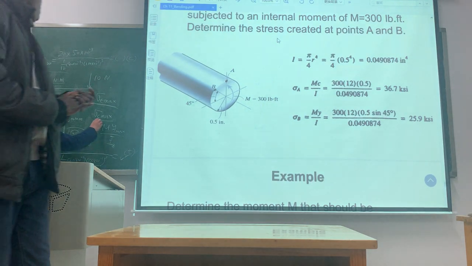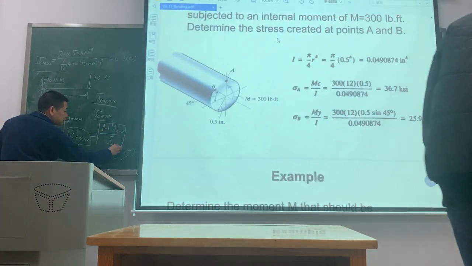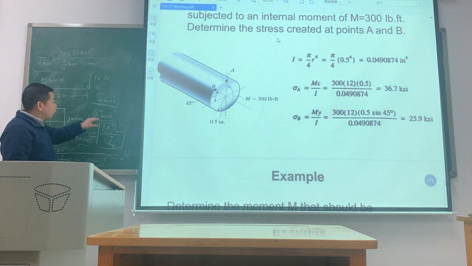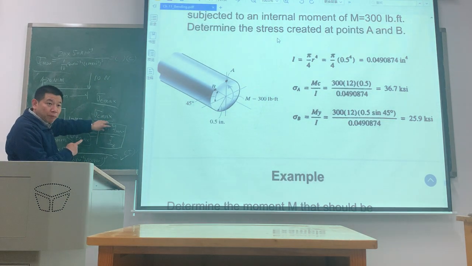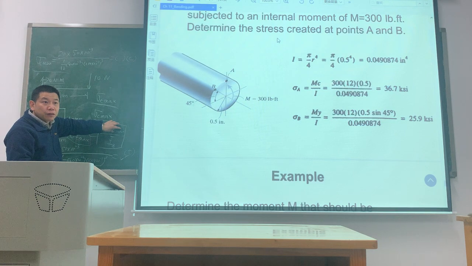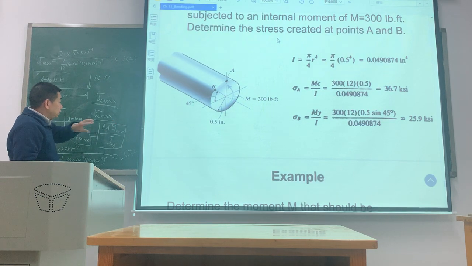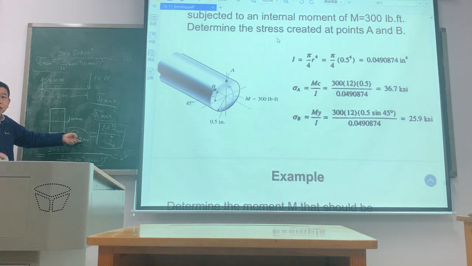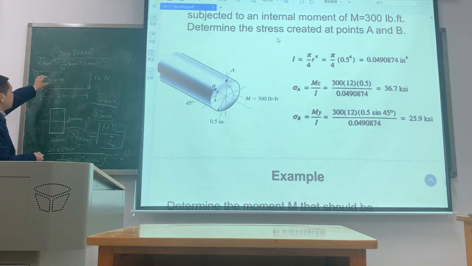So we know this is the formula to get the normal stress. When we use this formula, we always use the absolute value. It does not determine whether the stress is in tension or in compression. You determine it by the moment.